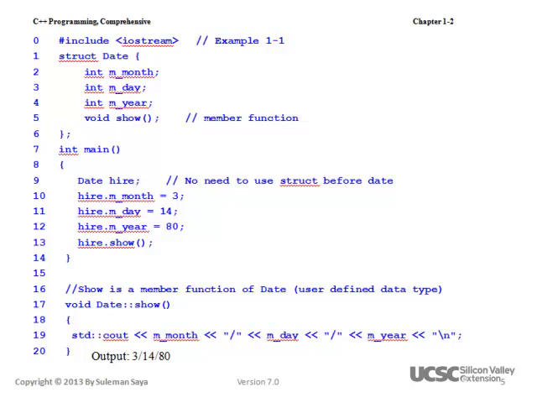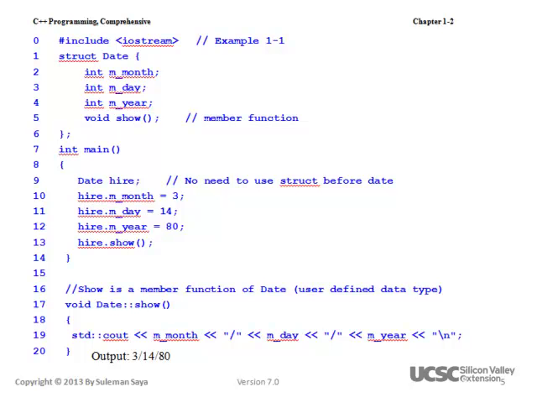The body of the show function, we will go over in a minute, but the body of the function is outside the structure. At line number 5 that we just discussed, it is just like a function prototype. So at line number 13, the call to the function will occur.